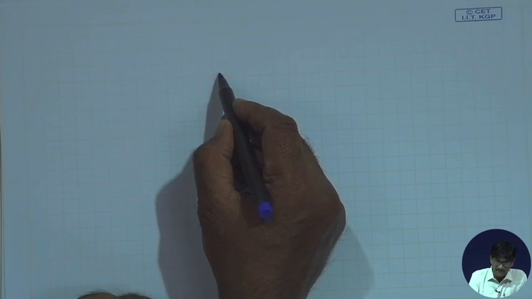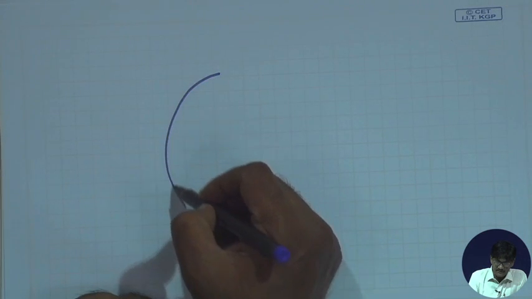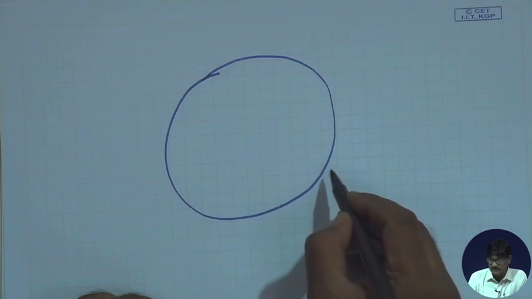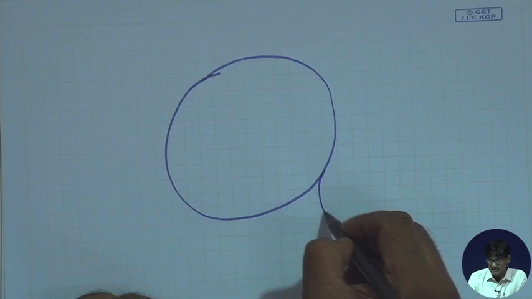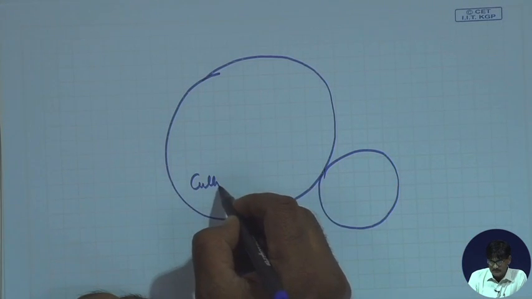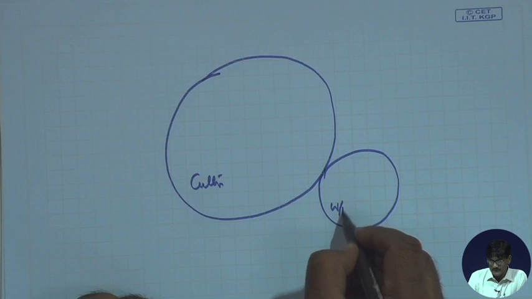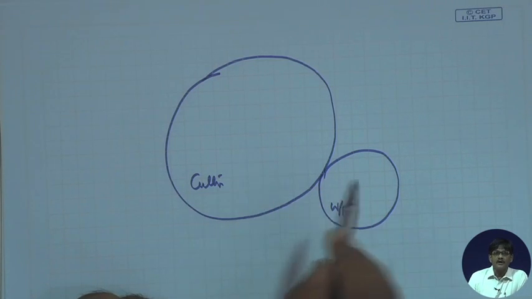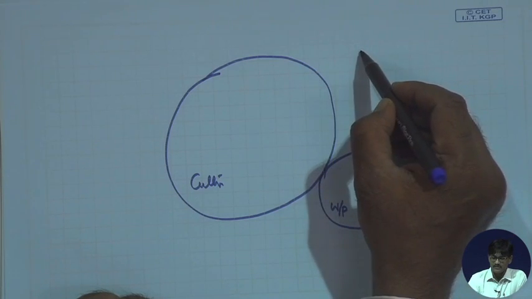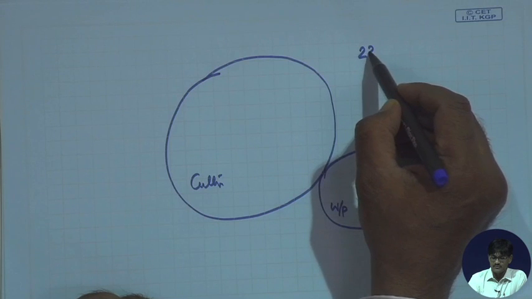We have this as the cutter. The cutter is also a gear, as we noticed in the simulation, and say this is the workpiece. Now, how are we going to decide how many teeth are going to be cut? Suppose I decide that I want to cut say 23 teeth.